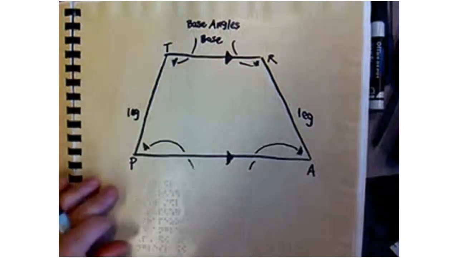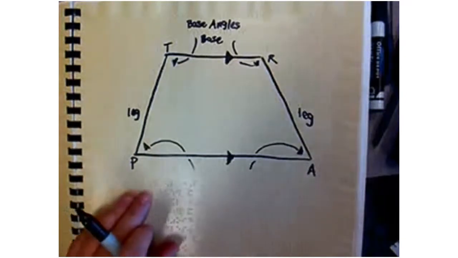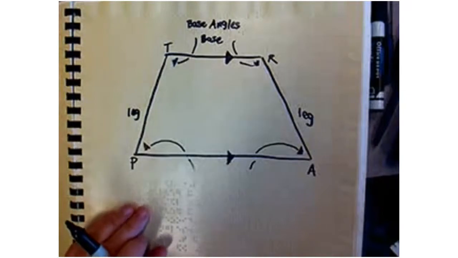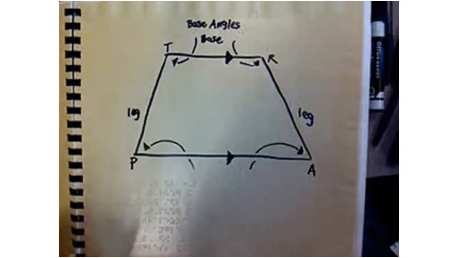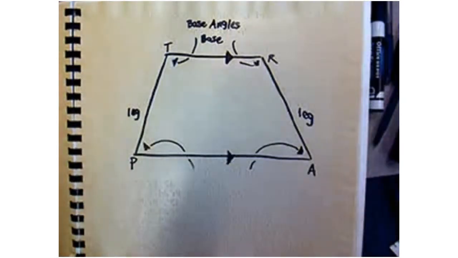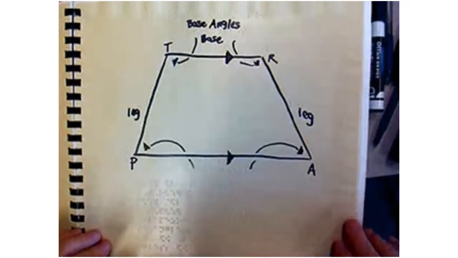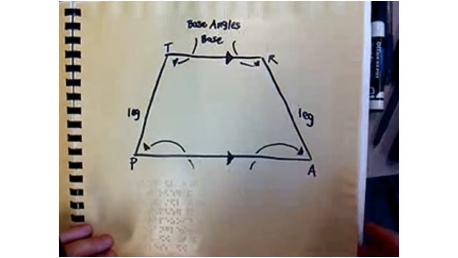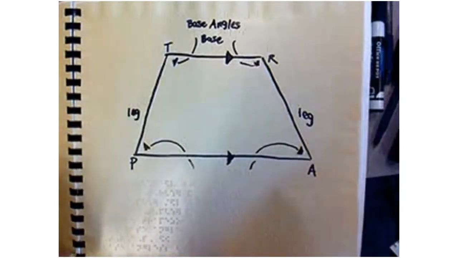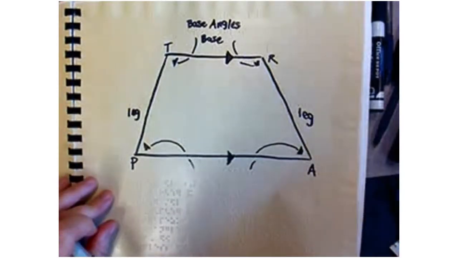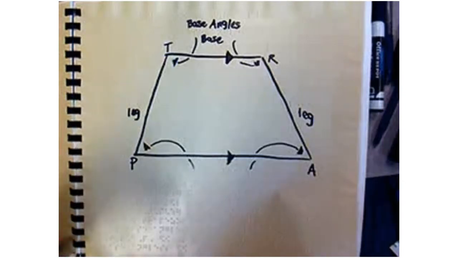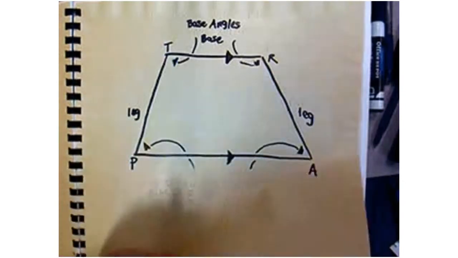All right? Now down below it talks about each trapezoid has two pairs of base angles. In trapezoid TRAP, angle T and angle R are one pair of base angles, and angle P and angle A are another pair. So this paragraph of information down below details this drawing that you just looked at, the definition of a trapezoid, and then basically all the parts of a trapezoid.